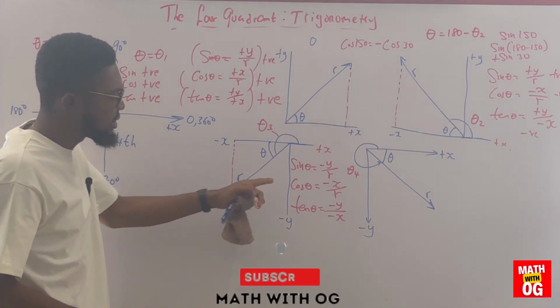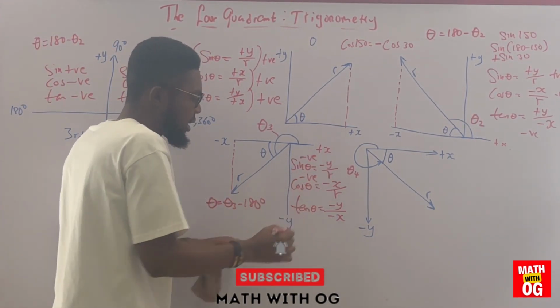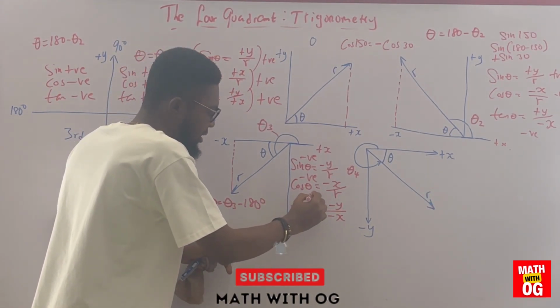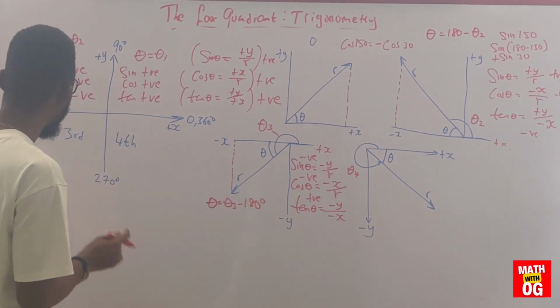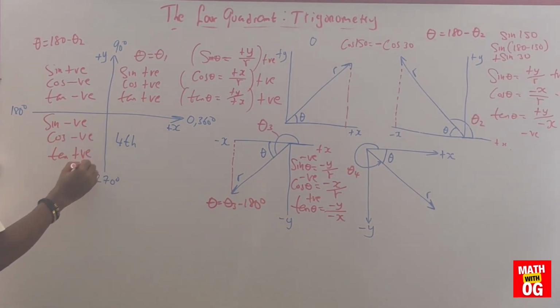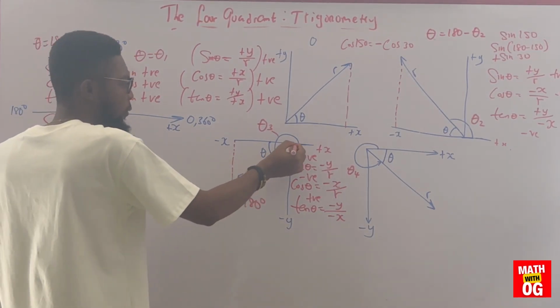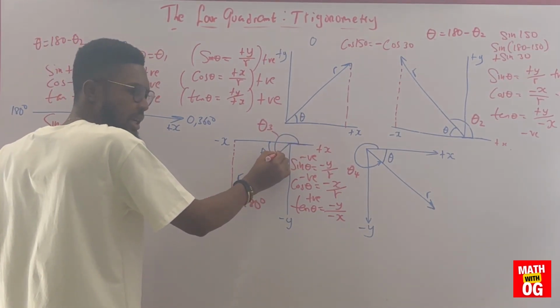So from here, you can see that sine is negative, cos is negative, and tan is positive. That's negative over negative. So I can write here, third quadrant, sine is negative, cos is negative, and tan is positive.